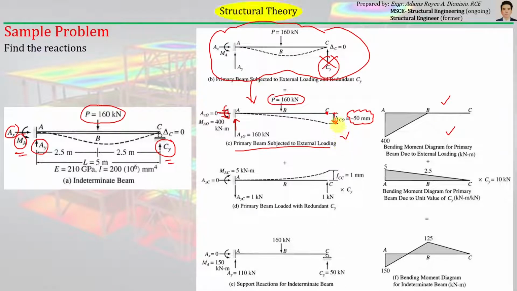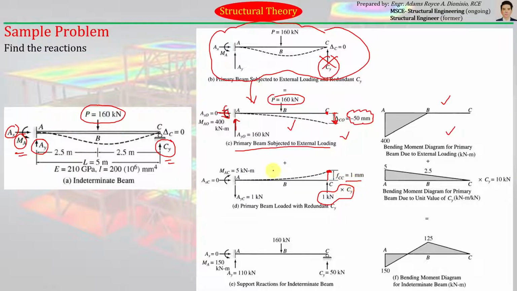Okay. So after removing the redundant, it's now time to return that redundant to this structure. So this is our redundant CY. So the redundant CY can be expressed in terms of a unit load times that unknown redundant force. So if we have applied the unknown redundant force CY, obviously the cantilevered beam will be deflecting upward with some magnitude of deflection.